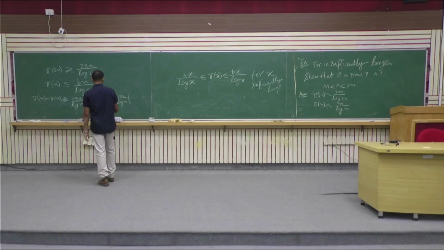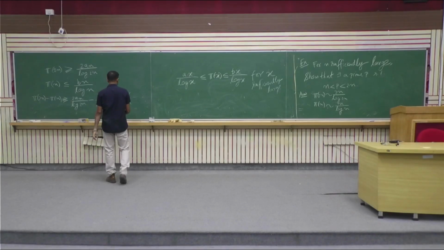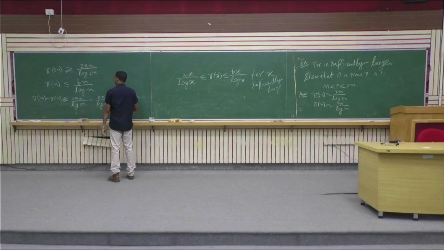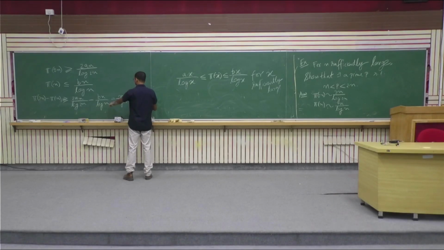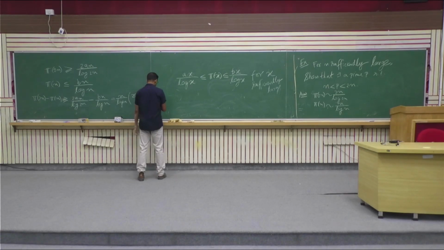So let's take n by log 2n common, okay? That would give you 2a minus b times log 2n by log n, right?